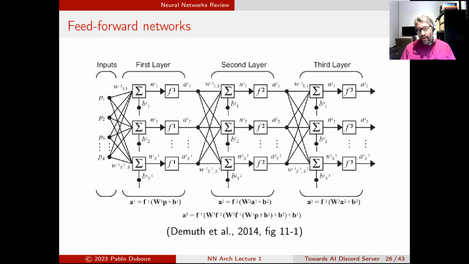So this figure comes from the book that was cited at the beginning, the Neural Network Design book. That's a book that is a little old by now. It's almost 10 years old from the latest edition, but it's free online, and it does a very good job describing really old architectures, which is not as bad as it sounds, because many of the architectures that are very popular these days come from the 90s, yes.